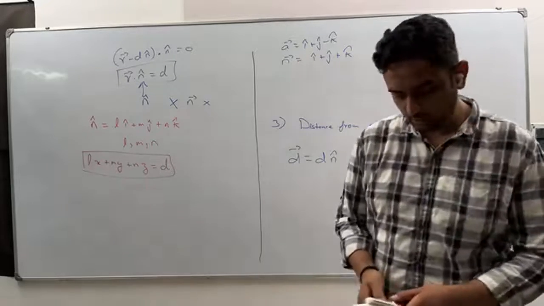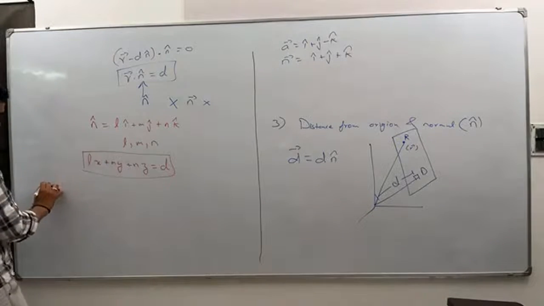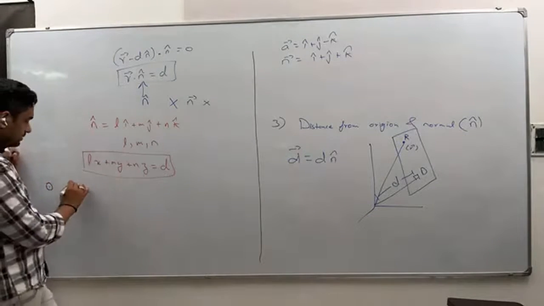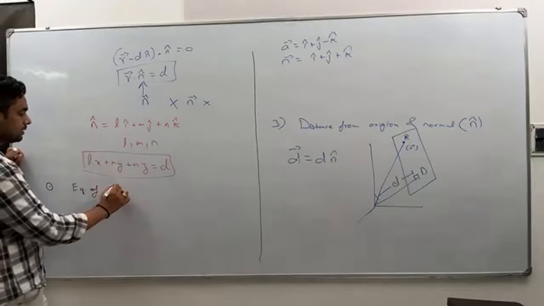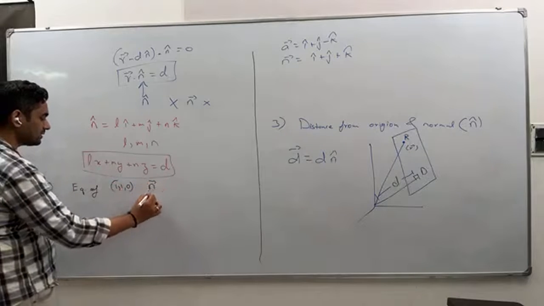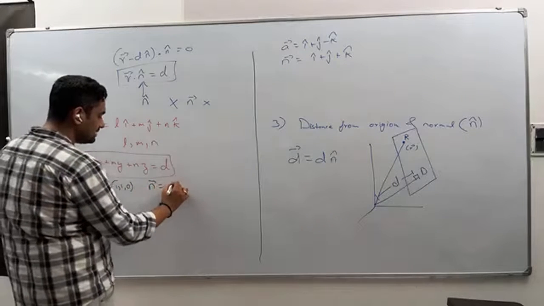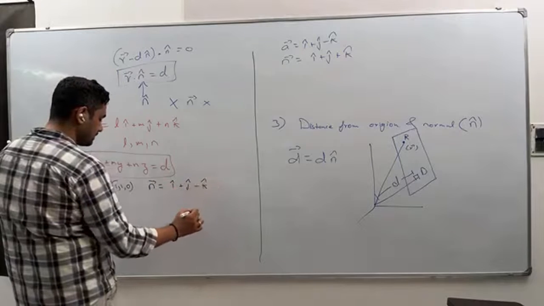Okay, so we'll take a quick question on all of this. You have to find out the equation of a plane passing through the point (1, 1, 0) and having normal vector i cap plus j cap minus k cap.